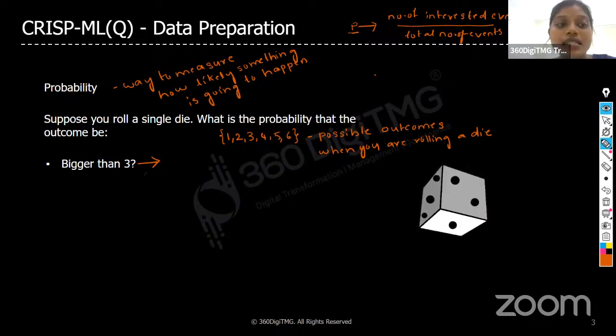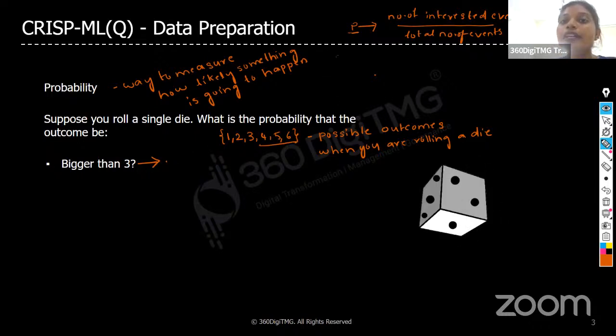Out of these 6, which are bigger than 3? 1 is not bigger, 2 is not bigger, and 3 is equal to 3 but not bigger than 3. So 4, 5, and 6 are bigger than 3. There are 3 values bigger than 3.